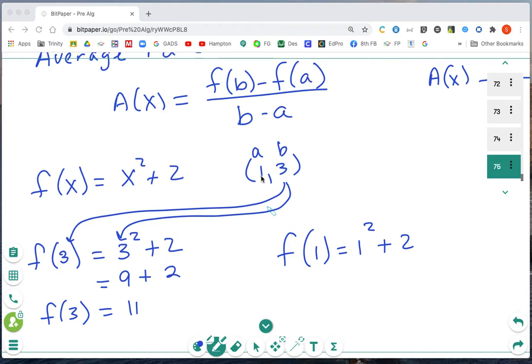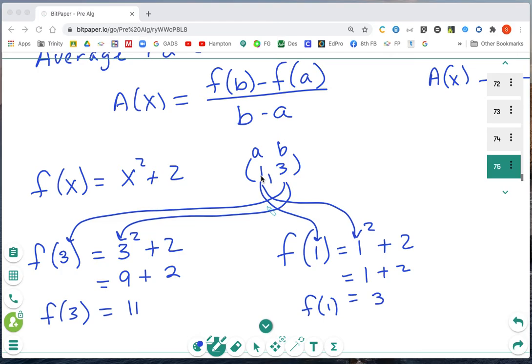My a value is 1. I put the 1 in where the x is in the equation. So I get 1 squared is 1, plus 2, is 3. So the function when x is 1 has a value of 3.